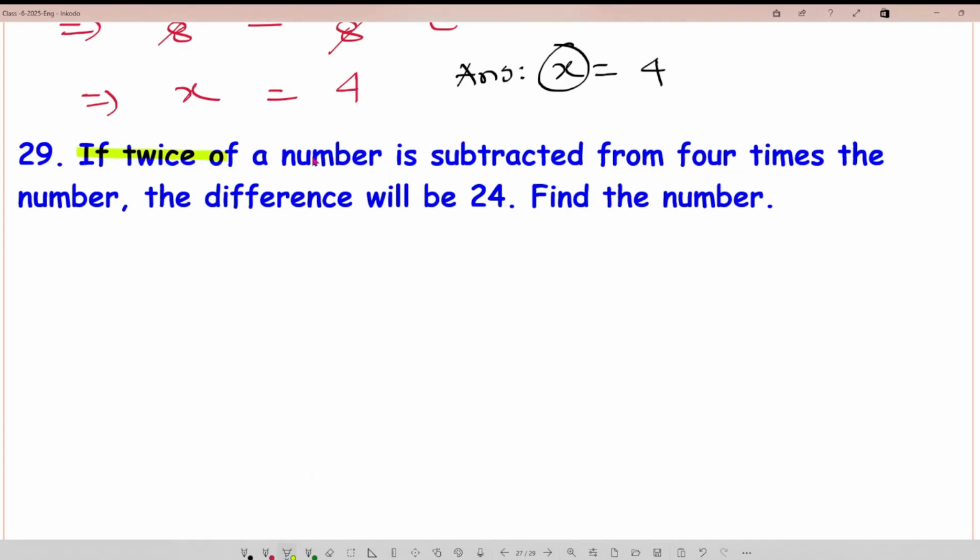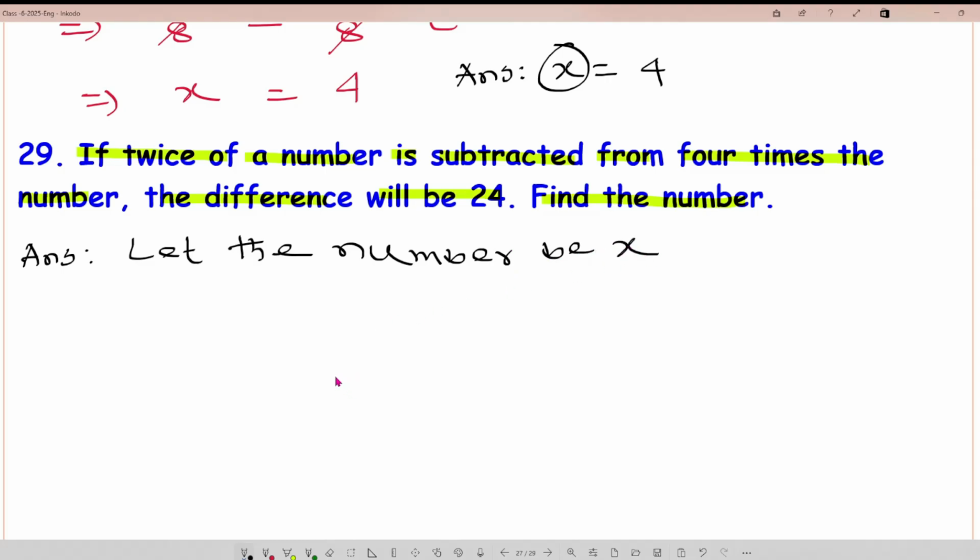If twice a number is subtracted from 4 times the number, the difference will be 24. Find the number. So it's almost similar. We can write, let the number be x.